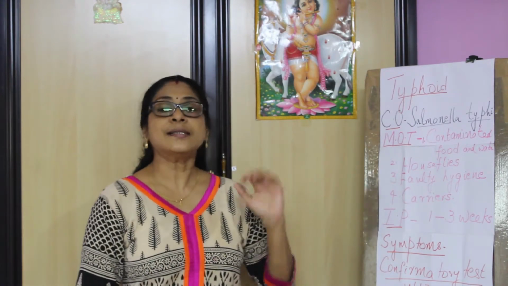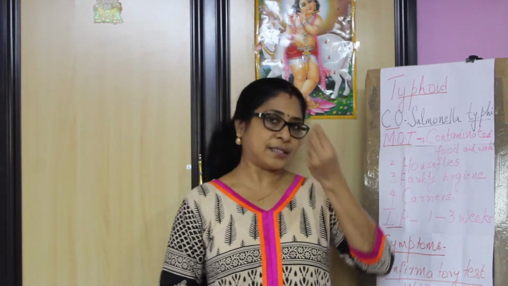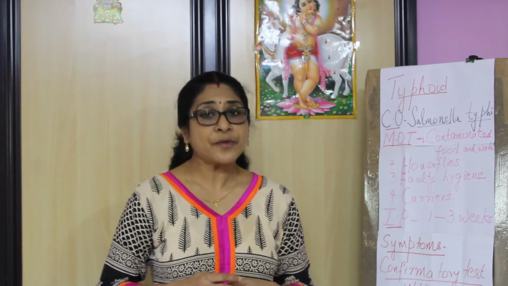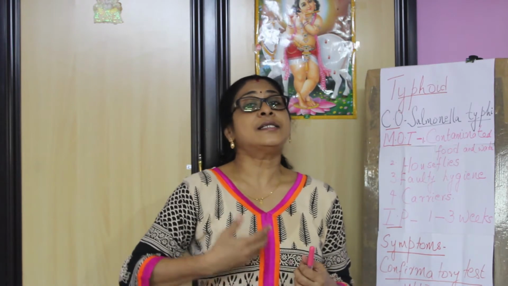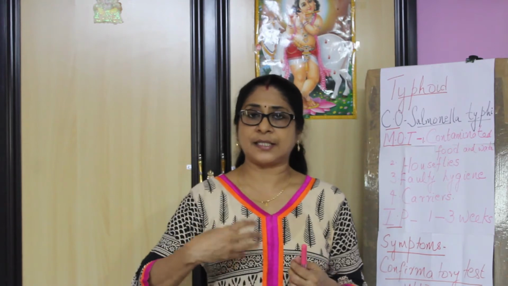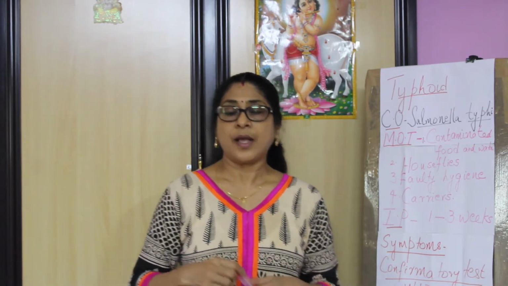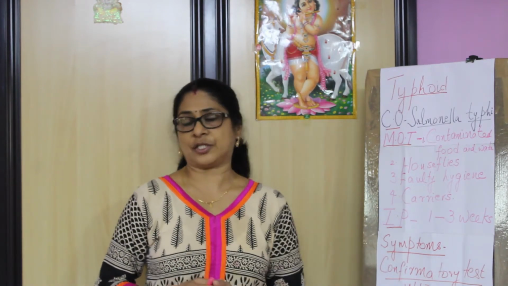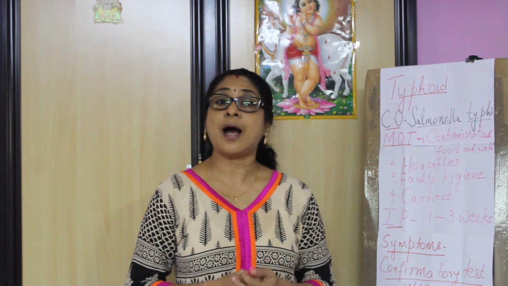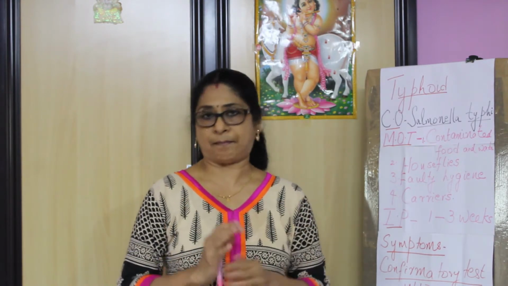Okay, let us now pass on to the symptoms of the disease. When the bacteria enters our gastrointestinal tract, it reaches the GI tract and from there it enters into the bloodstream. When they enter the bloodstream, these bacteria are lysed, or lysis happens.